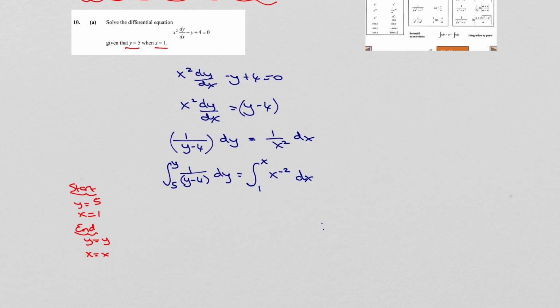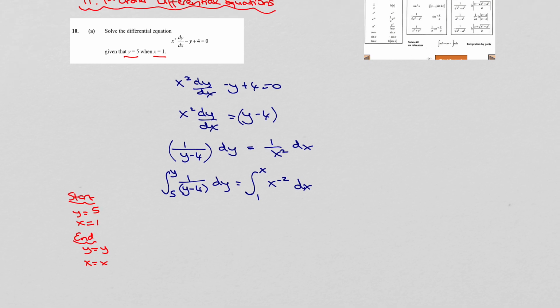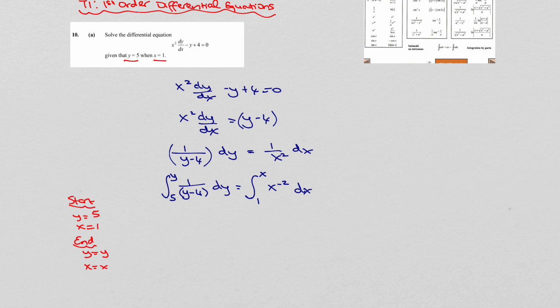So if I integrate 1 over y minus 4, we can see on the top of page 26 that this is going to be a natural log function. And therefore that's going to be natural log of y minus 4 with limits of y and 5.